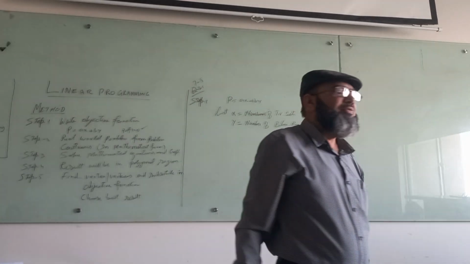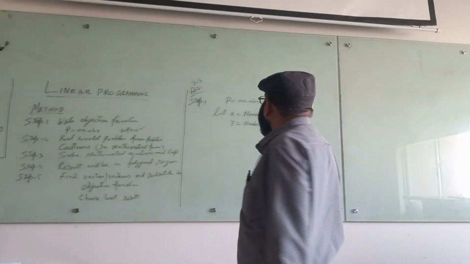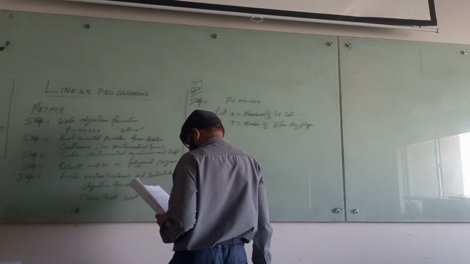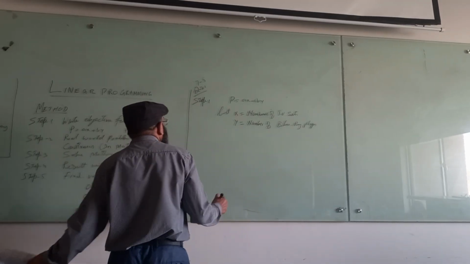First we define the variables. These are two variables: one is television, the other is Blu-ray player.